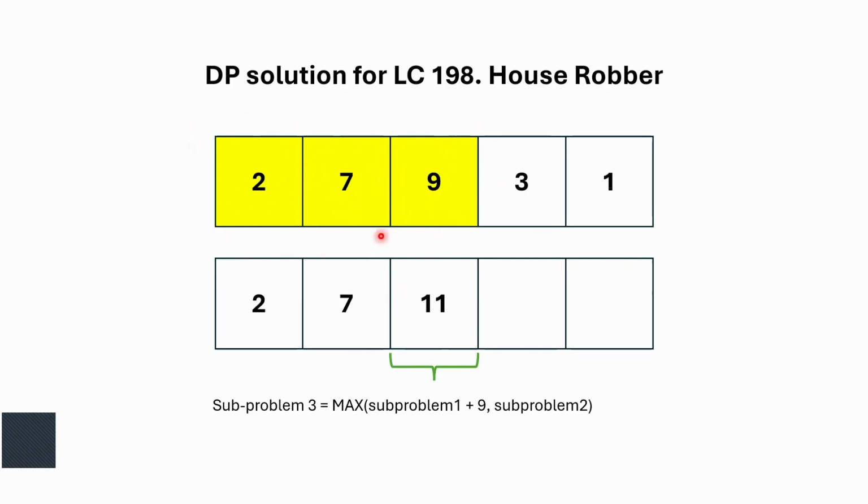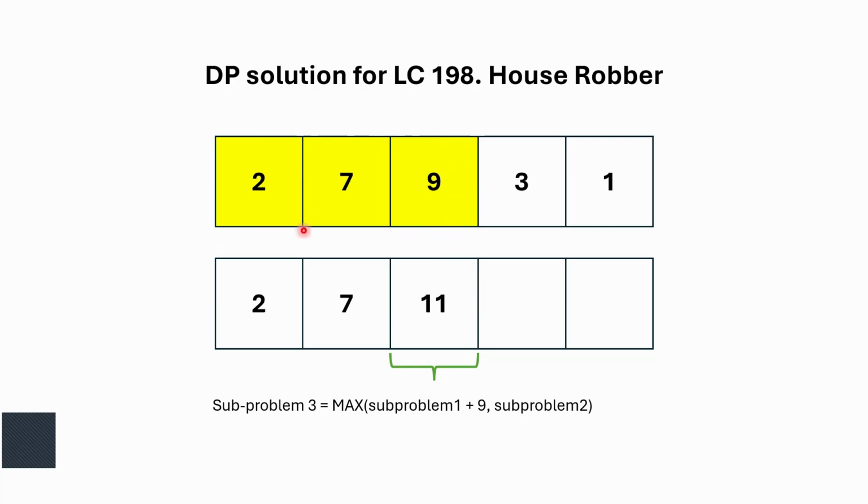Because robbing the first and the third house is still a valid solution, which does not violate the constraints. But my second choice is that I can ignore this house and then rob the maximum amount of money that I can rob up to the second house, right?